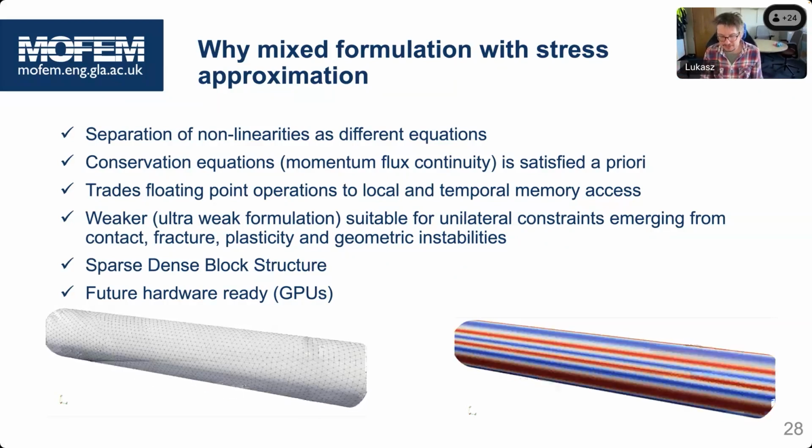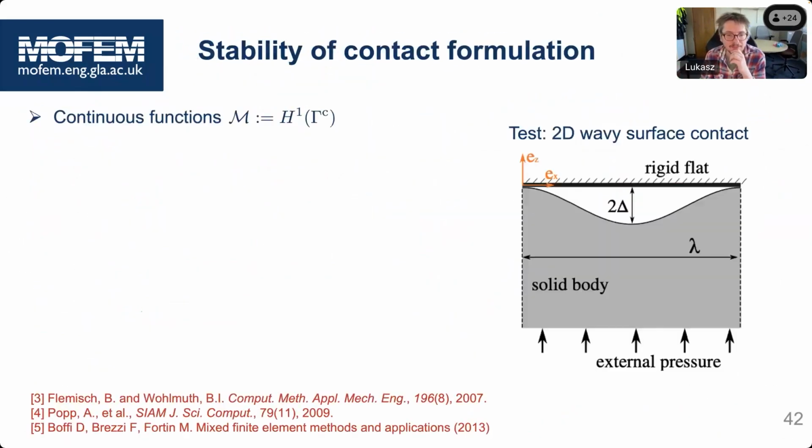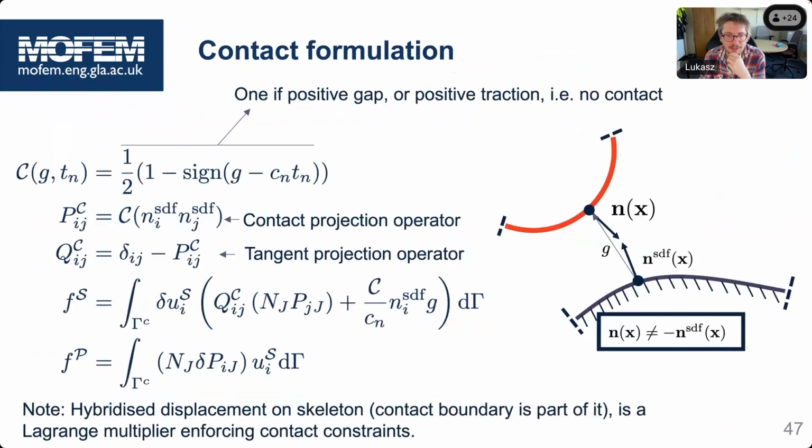But this hybridized field is simply, I will show you. Look, if you only want to prescribe the displacements, this term you want to disappear, and in that term you just say what displacement you want to have.